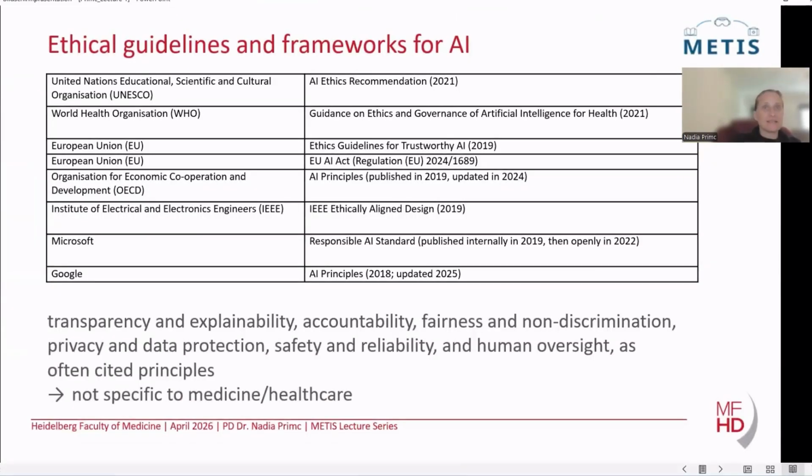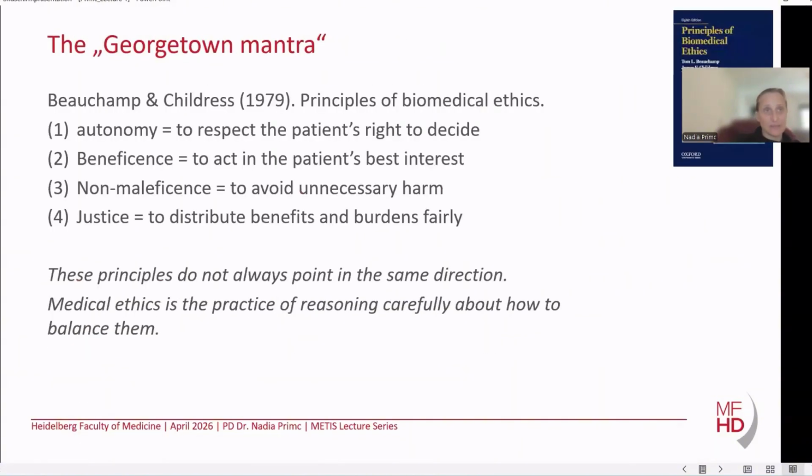The good news is that we already have a strong foundation in medical ethics, because medical ethics is a well-developed field with its own foundational principles that are rooted very deeply in the clinical encounter between clinician and patient. That provides a more specific and more powerful framework for evaluating AI in healthcare than generic AI ethics principles alone could do. And that framework is built around 4 principles.